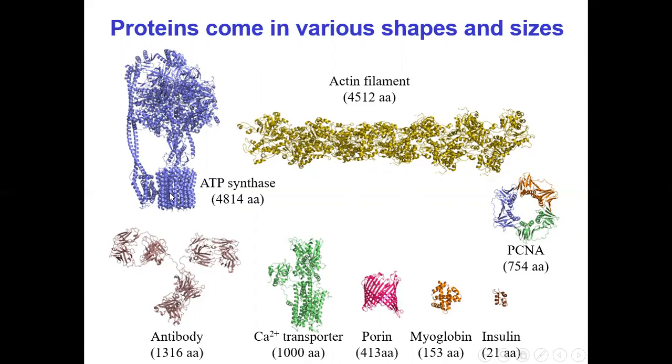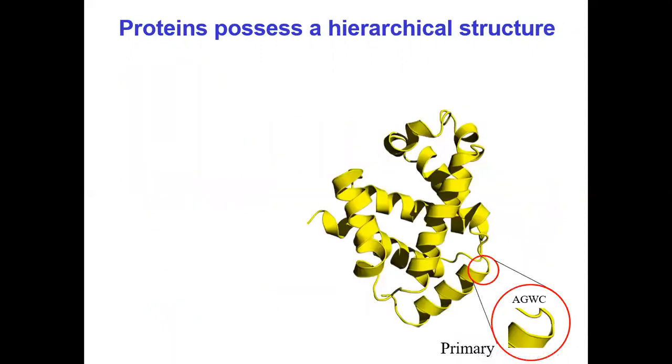So all these proteins are very different, but still all proteins in nature are built according to the same principles. And the main principle is that the structure of proteins is hierarchical, which means that it contains different levels of increasing complexity.